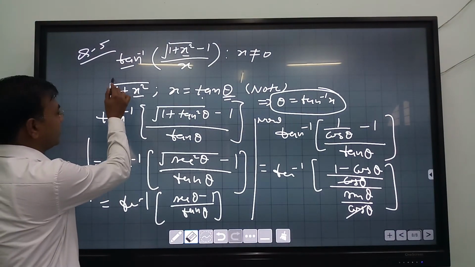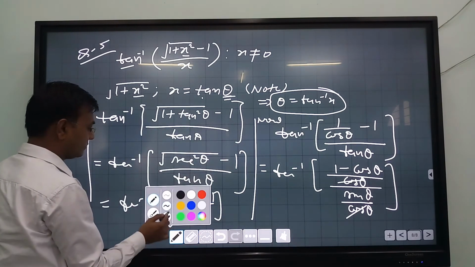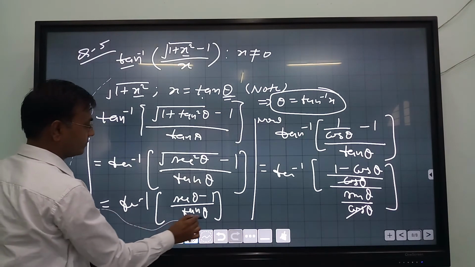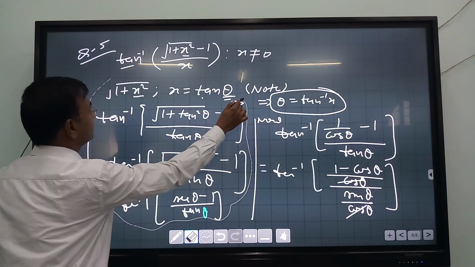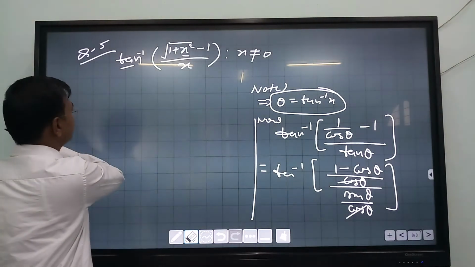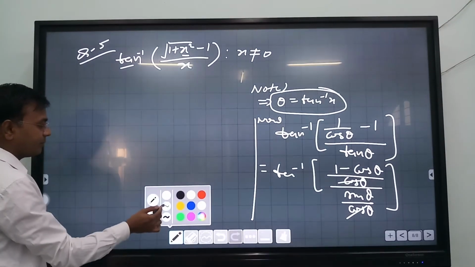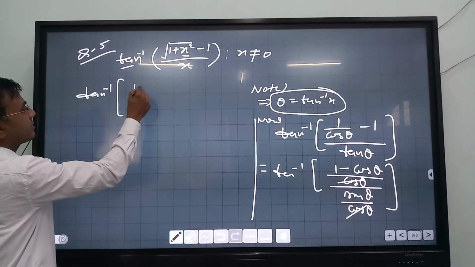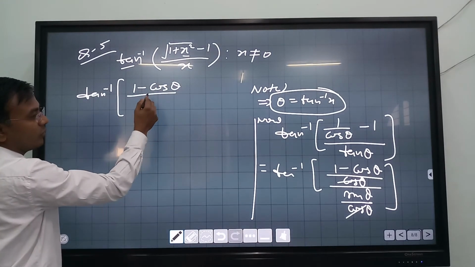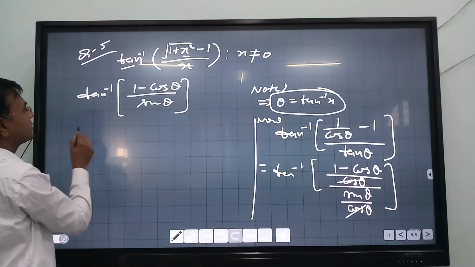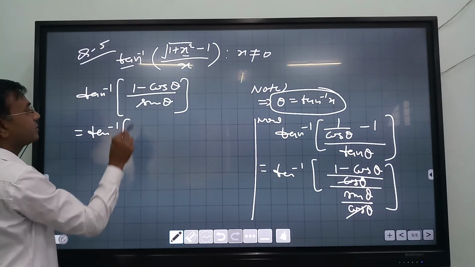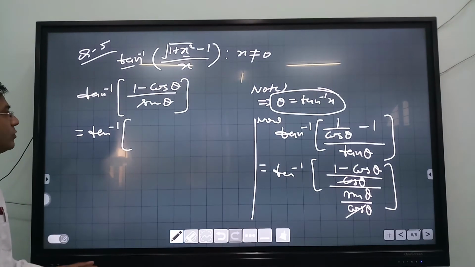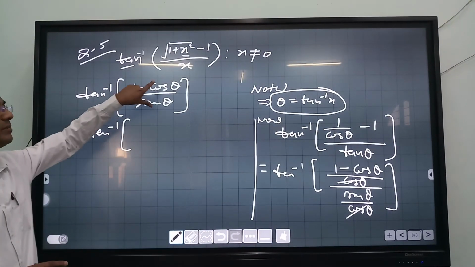So you must have noted these points, so I am moving on. In the next step, tan inverse of 1 minus cos theta upon sin theta. Now we have the result in terms of sin and cos, but we have to get something related to tan.